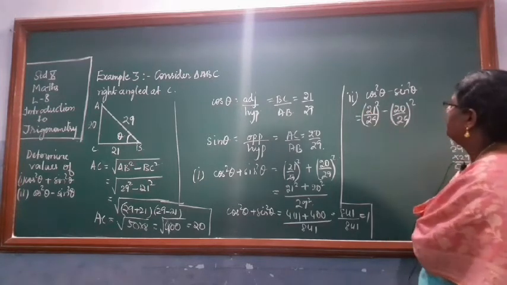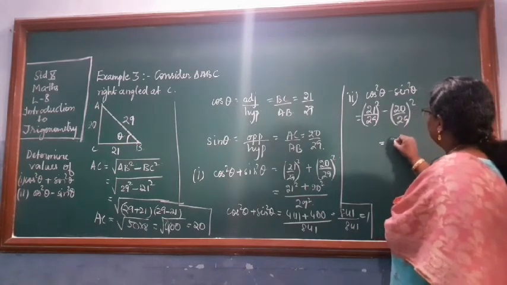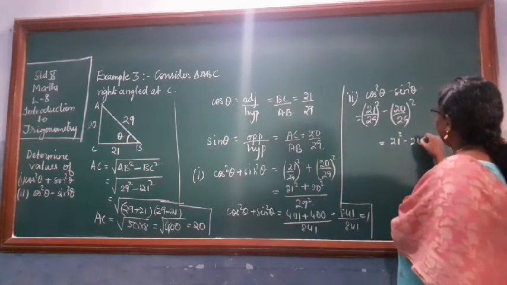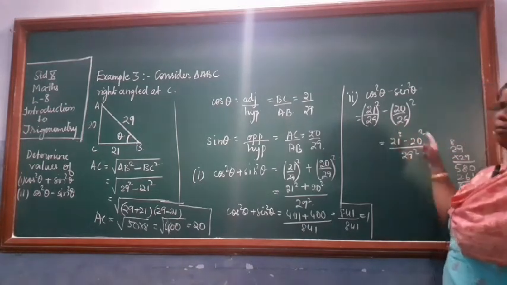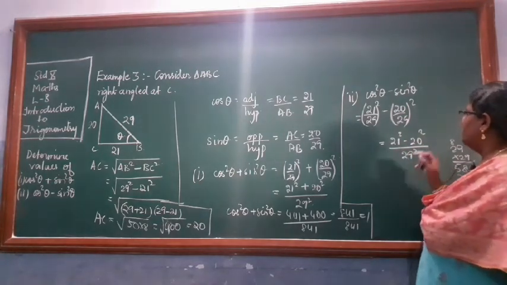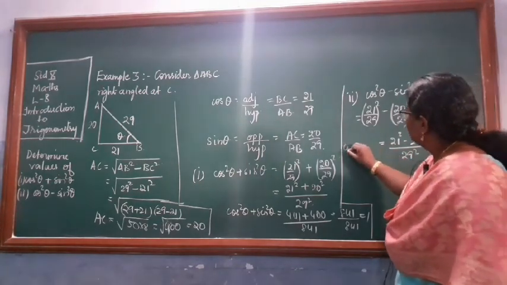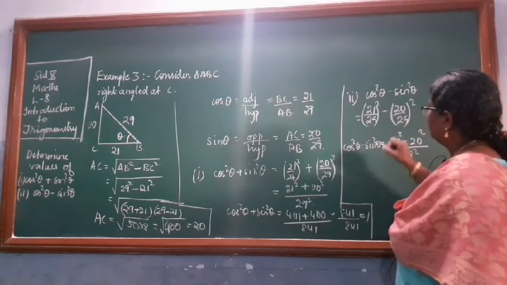Again the same thing. You will have 21 square minus 20 square by 29 square, and 29 square is common, so we can take it as the denominator and put the subtraction in the numerator.